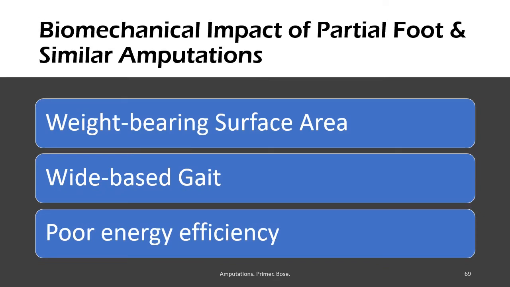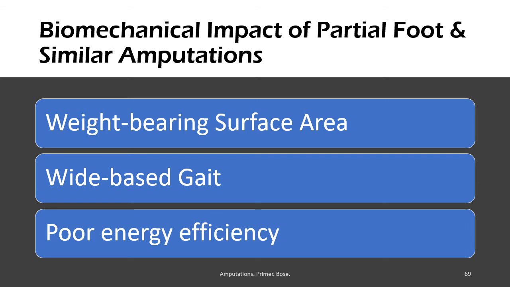All hindfoot or partial foot amputations that have no ankle motion are biomechanically similar to Syme's disarticulation, except that due to limited length, they are poor candidates for commercial footwear. The loss of the forefoot lever arm and its associated bony architecture and musculature leads to substantially reduced plantar surface, thus reducing the weight-bearing surface of the foot.